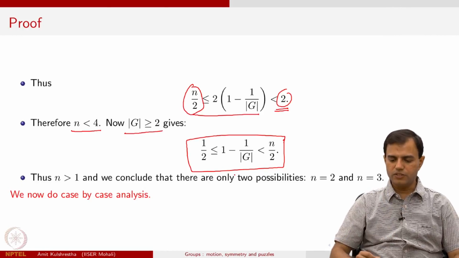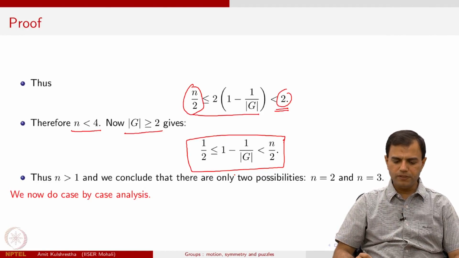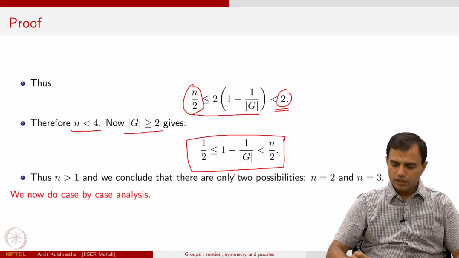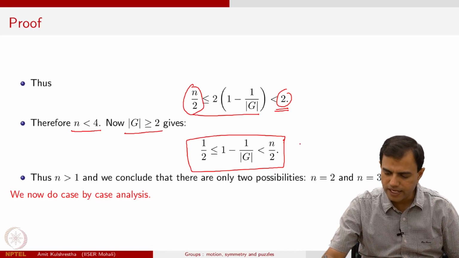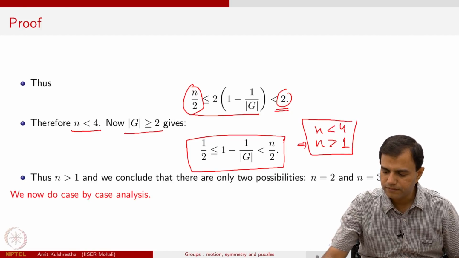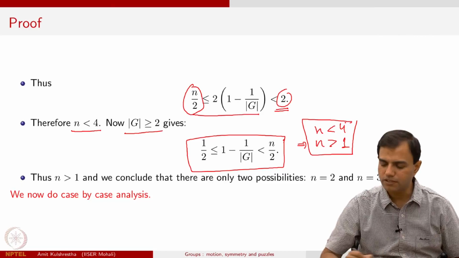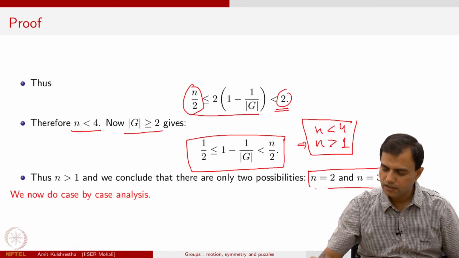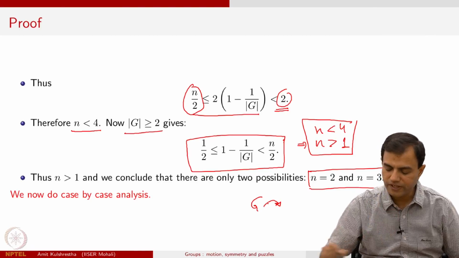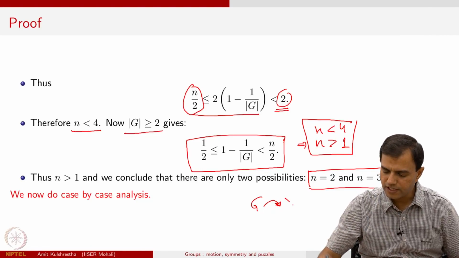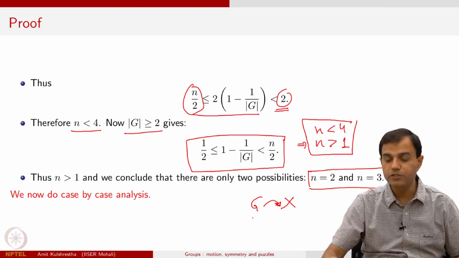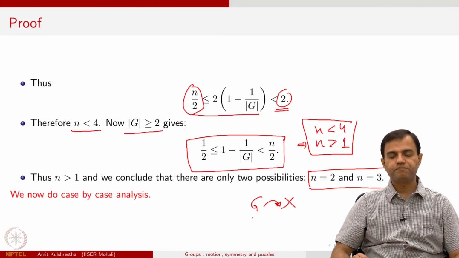Again, this is going to be quite useful for me. So from this, what I conclude is that n is greater than 1 and n is less than 4. That means there are only two possibilities: whenever a finite subgroup of SO3 acts on its poles, the number of orbits is either 2 or 3.